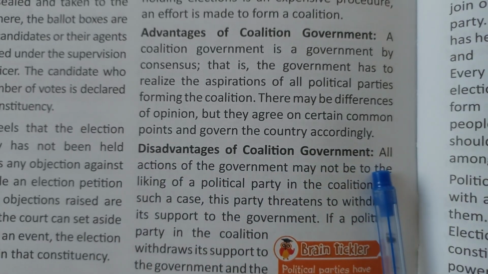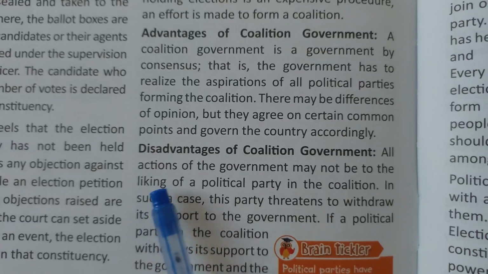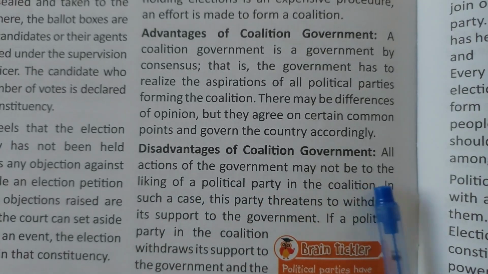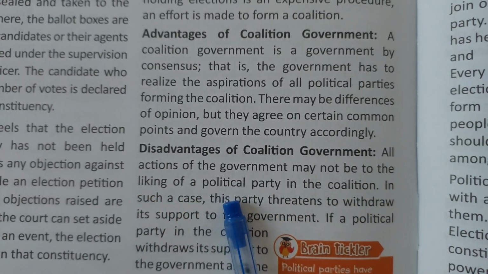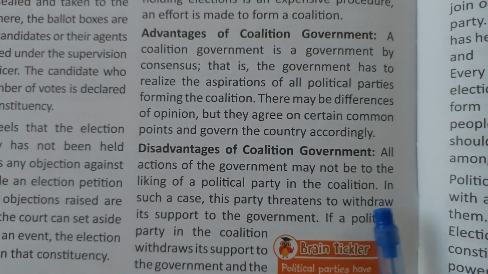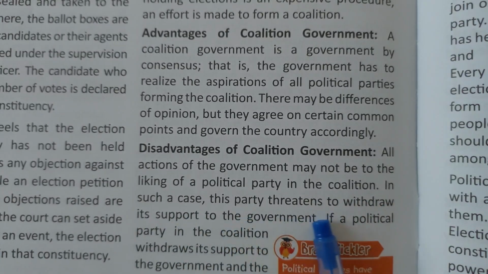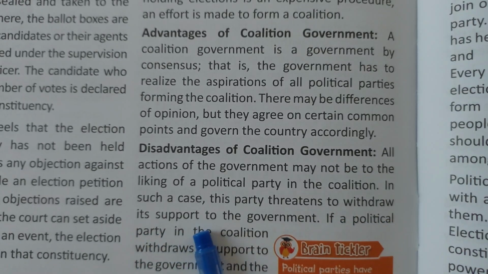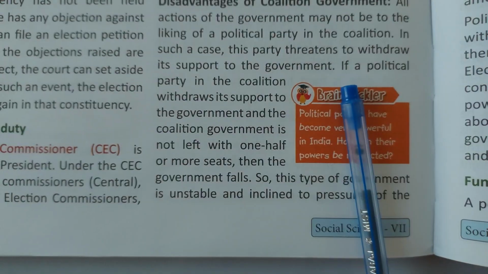Disadvantages of coalition government. All actions of the government may not be to the liking of a political party in the coalition. In such a case, this party threatens to withdraw its support to the government.